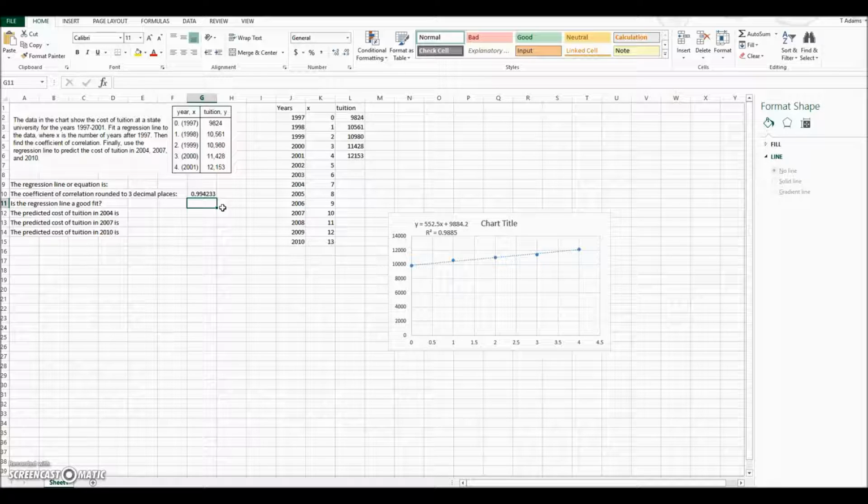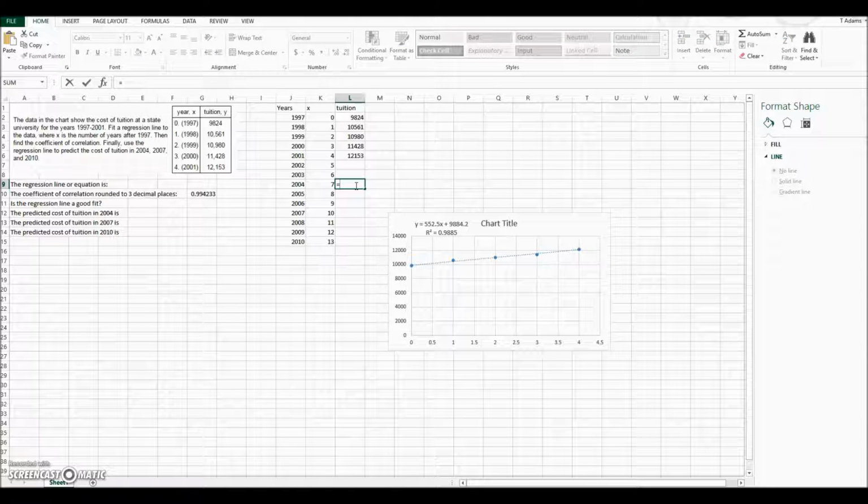Next, the last part of this problem is asking us to use the regression line to predict the cost of the tuition in 2004 and so on. So on these cells here, and I could actually do it for any year, I'm going to type in that equation and let Excel again fill that in. So I'm going to start with an equals. I'll put the 552.5 times, and what we want to times it by is x.